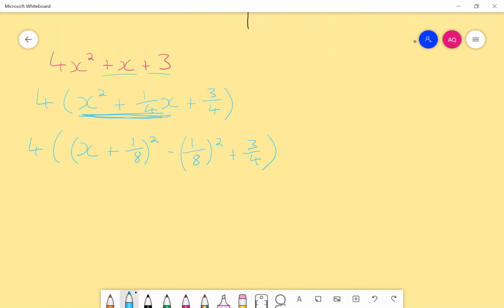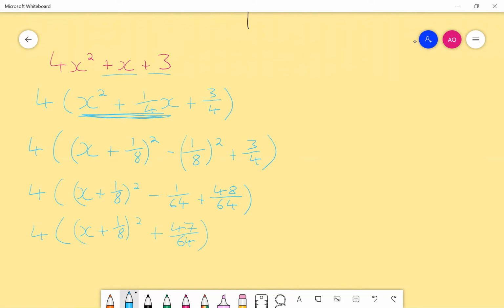So in this case, you would have 4 times x plus an eighth squared minus, that'll be 1 over 64. And I might as well change 3/4 into something over 64 as well, just to make these fractions easier to add together. So we would then have 4 times x plus an eighth squared plus 47 over 64.